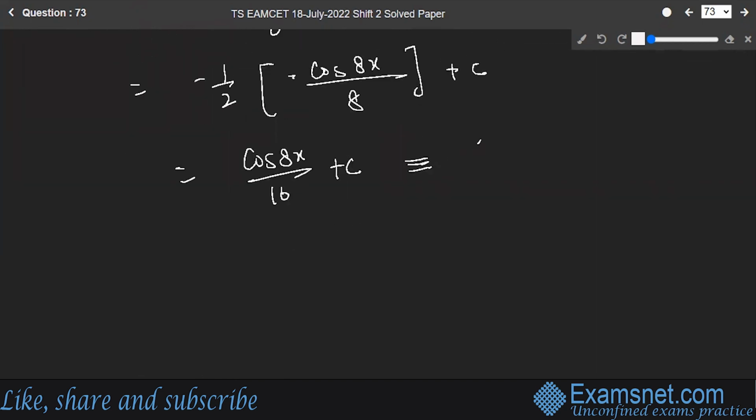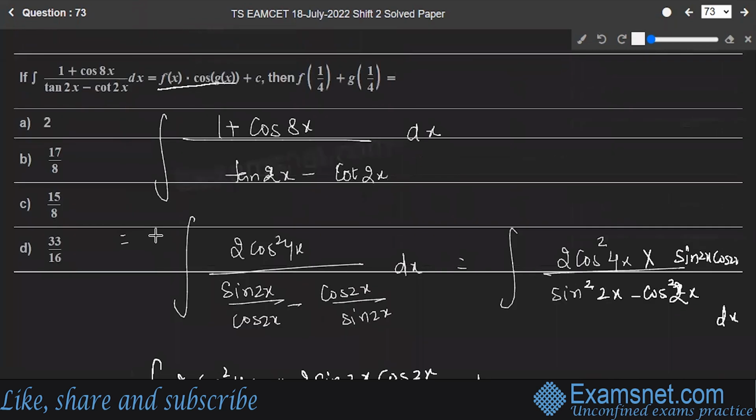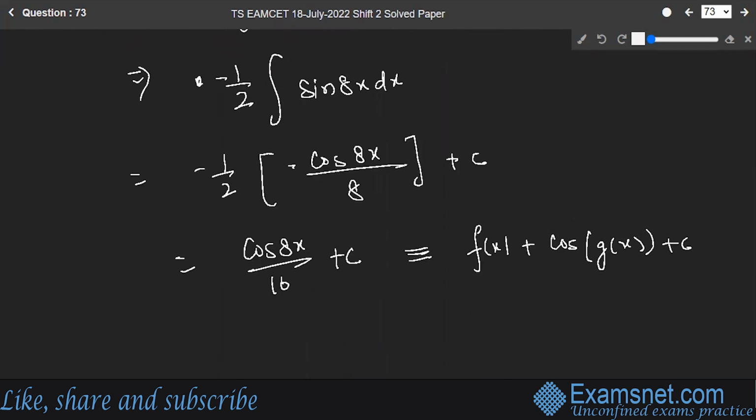This is multiply, not plus, sorry. So from here, you definitely get that f(x) is equal to 1 by 16 and g(x) is 8x, right? And c is the constant.